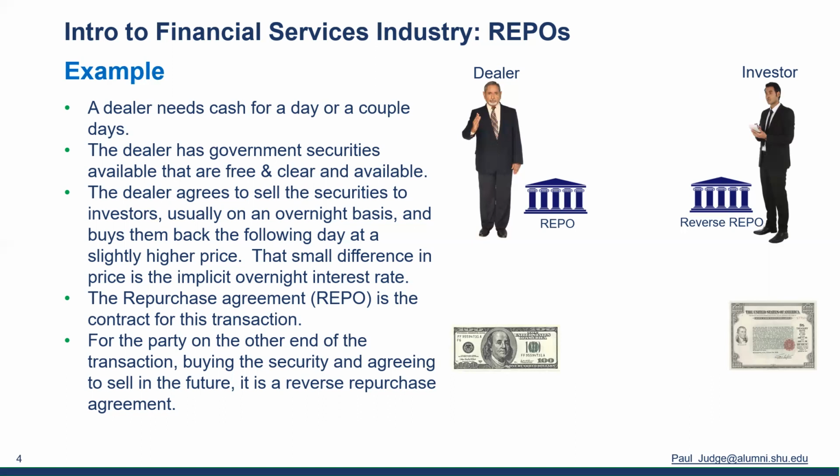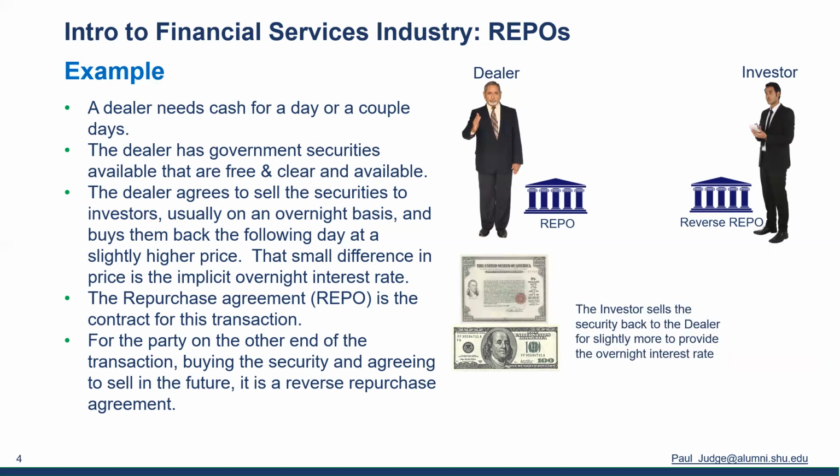Okay, so now it's the next day. So what happens the next day? The next day, the investor sells the security back to the dealer at a slightly higher price. And so where we end this process is, we started with the dealer owning the security and the investor having cash.